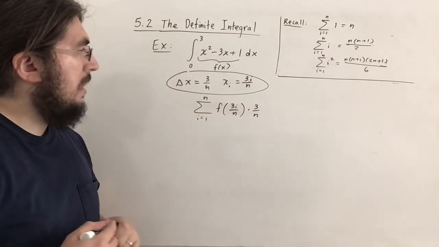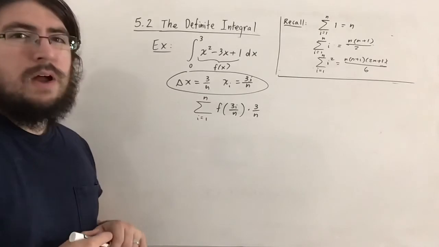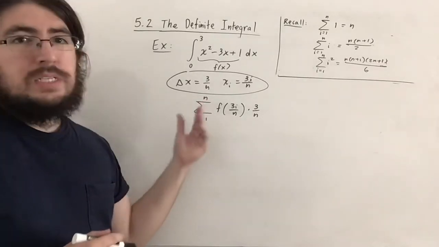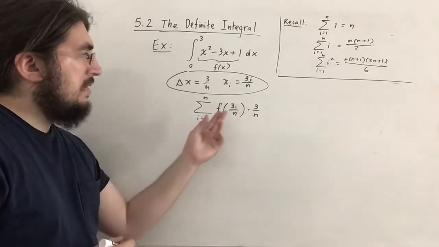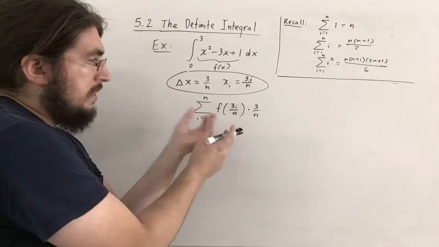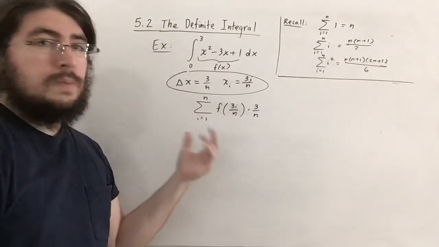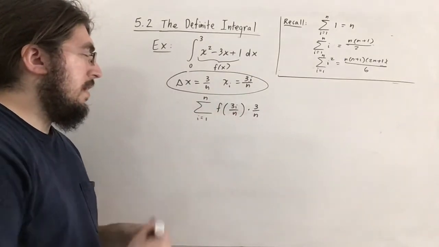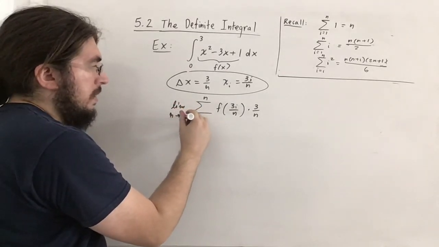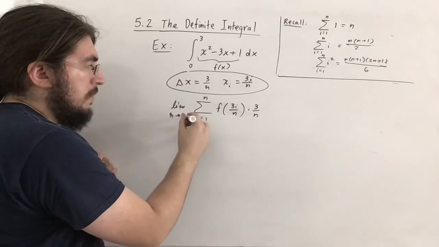But before we get to that point, I want to split up the sum beforehand, because if we plug in 3i over n into x, we'll get a three-term thing we can take the sum over. And of course this is the limit as n goes to infinity. At the very end we'll do that part, so I don't want to worry about the limit right now too much anyway.